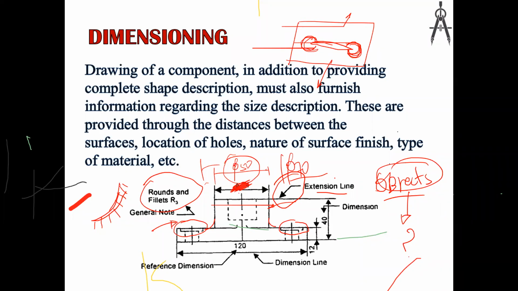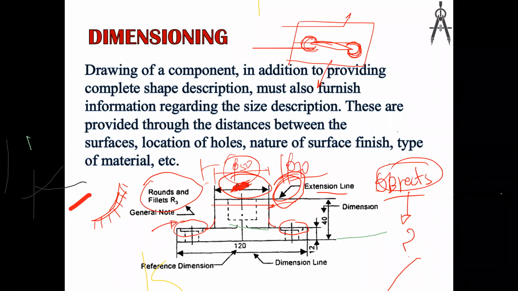That is called a leader. This one is a dimension, and this one is called a leader. If you want to put a special note on this drawing, you can use leaders.